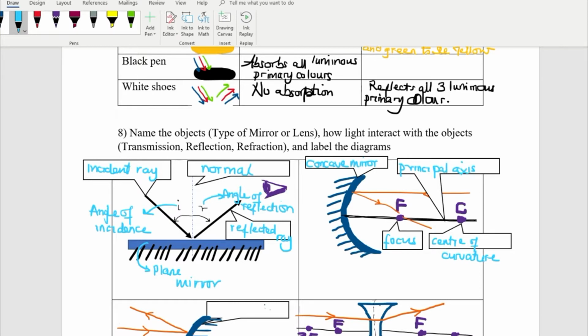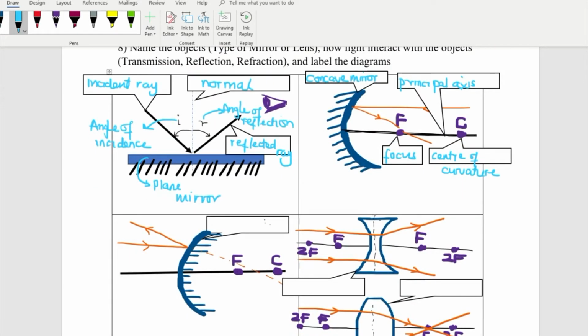These are just imaginary lines, but when you're looking at a mirror, you actually notice them as you're moving away from the mirror or moving close to the mirror. Now the next one is the opposite of a concave mirror, where we see the ray bouncing away, and this creates a diverging ray situation.